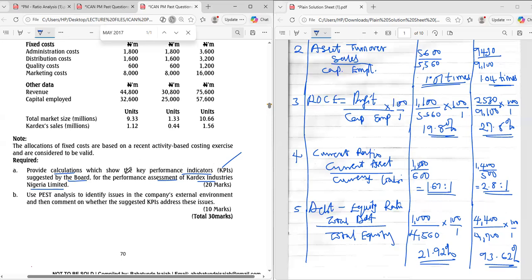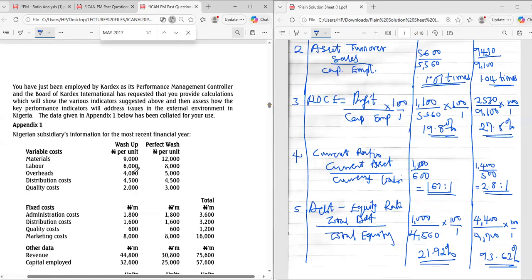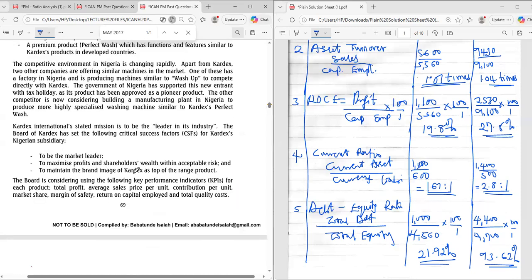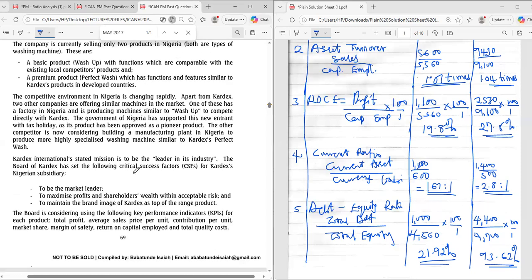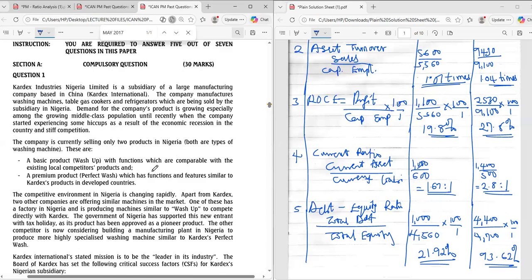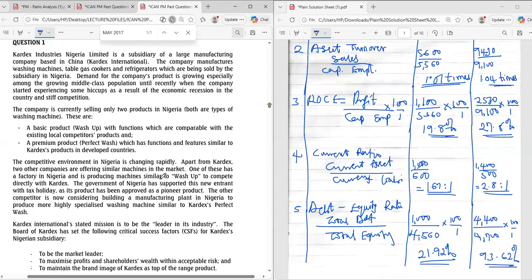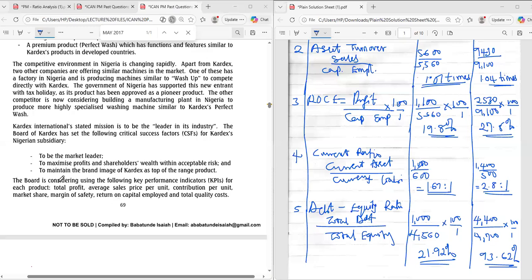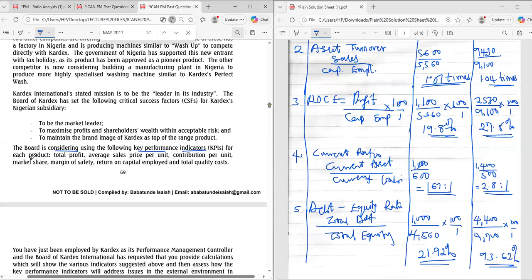So what are the KPIs that the board suggested? Look at where they suggested it. Okay, hold on. Look at it. The board is considering using the following key performance indicators for each product.